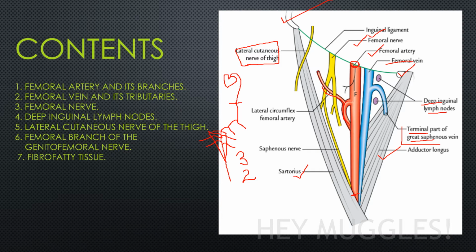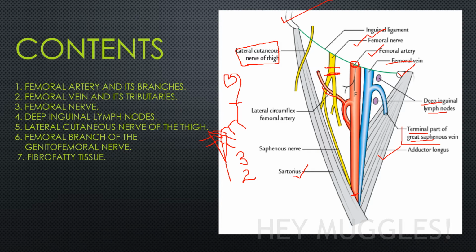Coming to the femoral nerve, it lies laterally to the femoral artery, as you can see in this picture, right? This is present laterally to femoral artery at 2.5 centimeters below inguinal ligament. That is at here, at this point. This is 2.5 centimeters below the inguinal ligament.